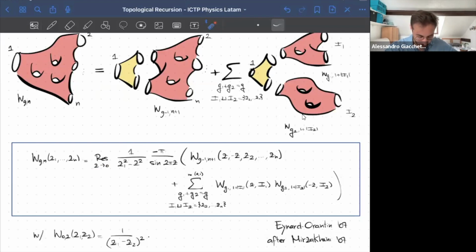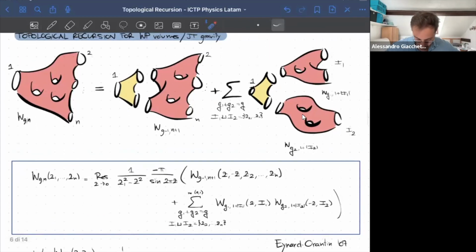What you will do is introduce something that I will call a kernel, which is this expression here, which, as you can see, depends on two variables: z1 and the dummy variable z. And what you have to do is take the residue when you multiply this kernel with two types of terms. The first term is this one here. Let me analyze a bit more what is happening with the picture.